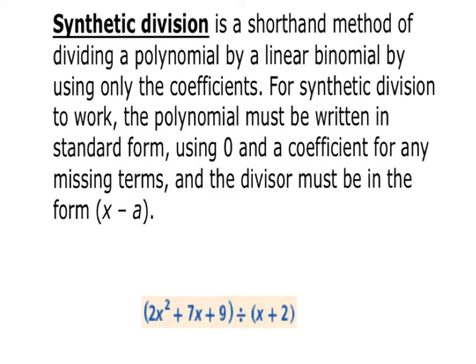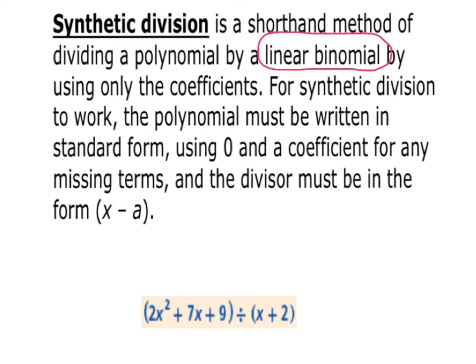On the left side of your Cornell notes, I want you to write the word synthetic division, okay? And then I want you to put this definition down. It is a shorthand method of dividing a polynomial by a linear binomial by only using the coefficients. Now, this word right here is very important. It has to be a linear binomial.